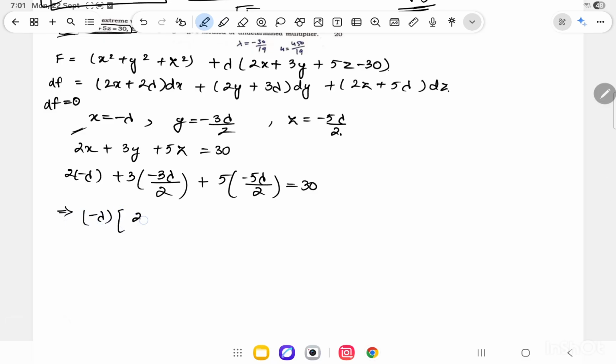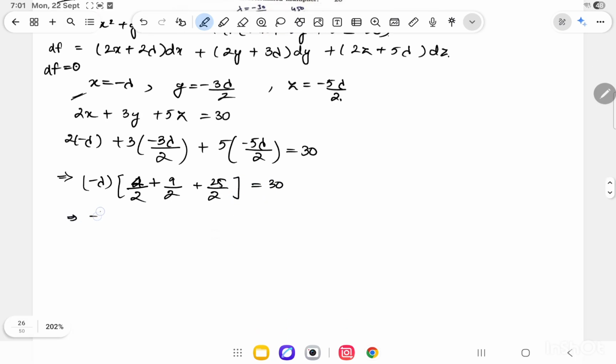So I'll be left with 2 plus 9 by 2 plus 25 by 2, which is 4 by 2 plus 34 by 2, that is 38 by 2, equals 30. So from here I got my lambda as minus 30 by 19.